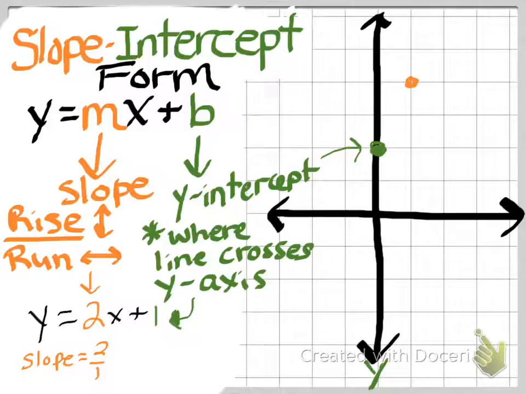Since it was positive 2 over positive 1, that means go up 2 spaces and to the right 1 space. When you're done with that, you just make a line. You use a ruler so it's nice and straight. You really need it to be straight for it to be accurate. And you put arrows on either end of your line. And you're done.